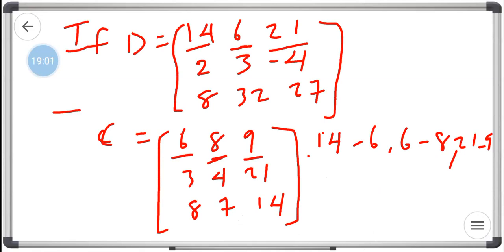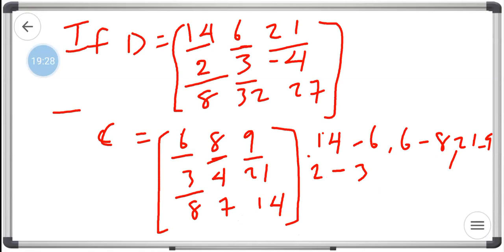Now the next one is 2 minus 3. Don't forget that we are talking about subtraction, and to subtract, you have to use the row. Now we are in row 2: A21, that is 2, minus A21 here, that's 3.